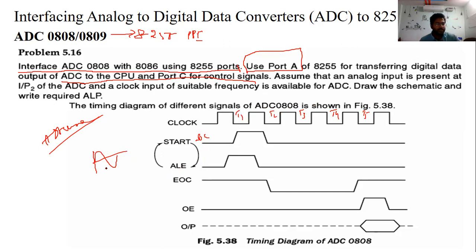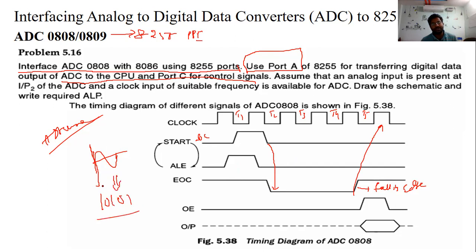Up to the completion of EOC, end of conversion, the signal is constant. Whatever the given input signal is, it stays constant up to this falling edge, this ending edge. Only then will it convert.